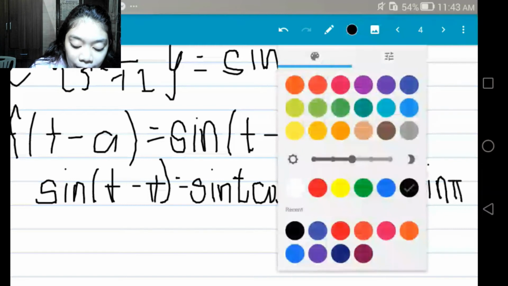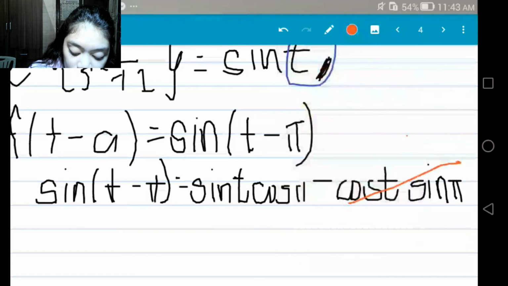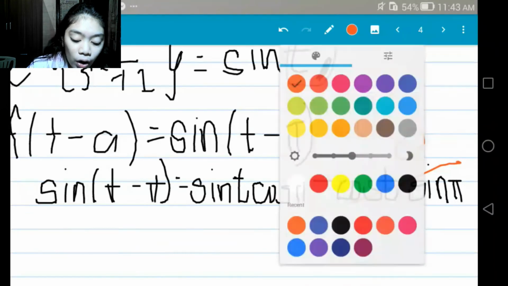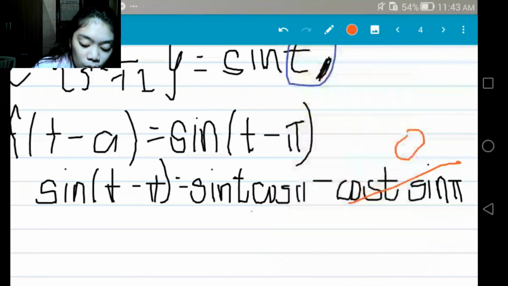Now, sine pi is equal to 0, so we can just cancel this term out. And cosine pi is equal to negative 1.